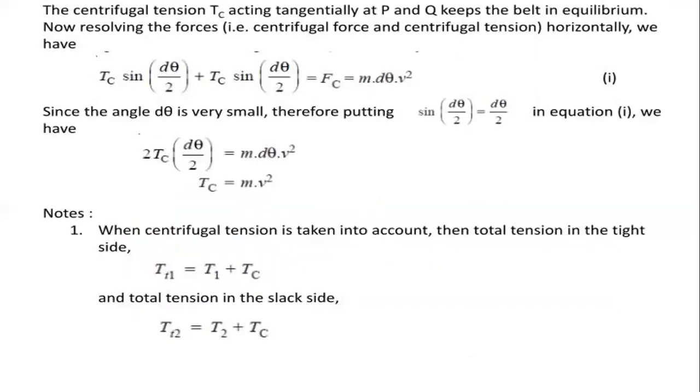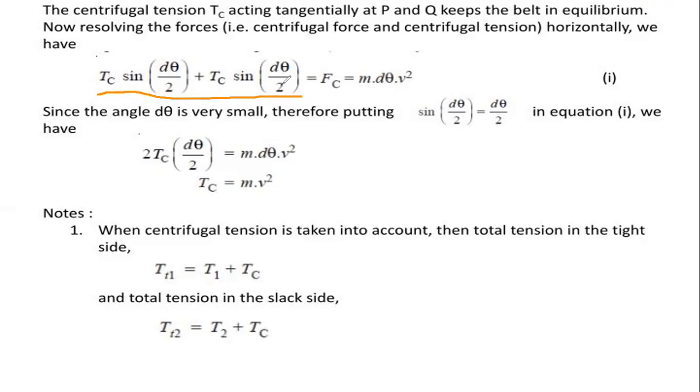Then the centrifugal tension acting tangentially at P and Q points keeps the belt in the equilibrium position. Now we are going to resolve the forces here. The centrifugal tension at the horizontal force: we have Tc into sine d theta by 2 plus Tc into sine d theta by 2.